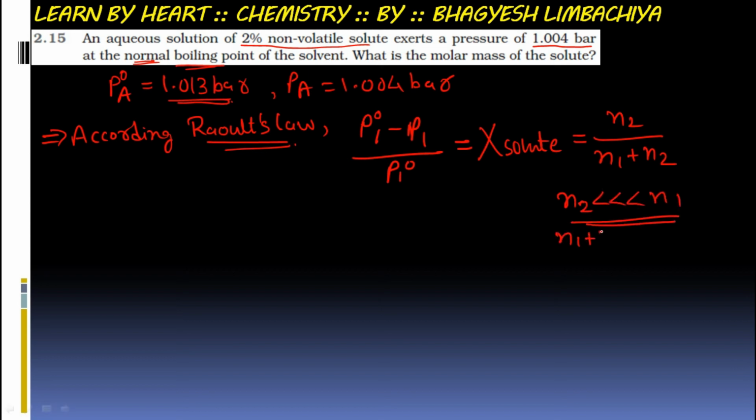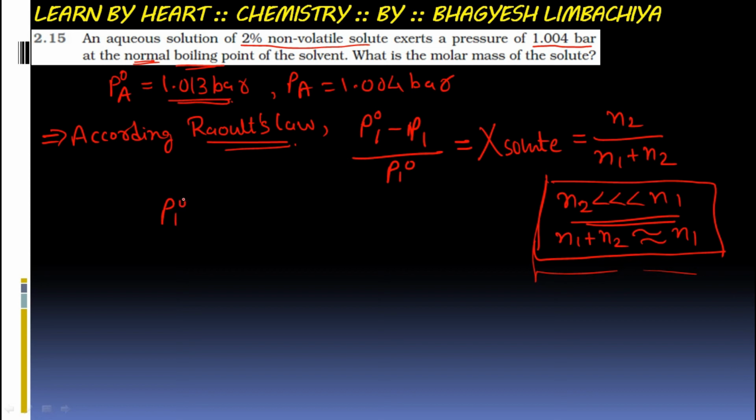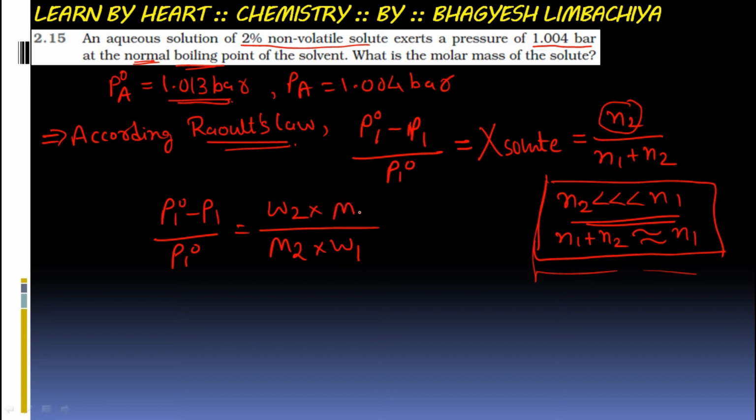So at that time the sum of N1 and N2 is near about N1. Okay, so finally we are getting the formula (P1⁰ − P1) upon P1⁰ equals N2 upon N1. Now we are elaborating the number of moles of solute, that is mass of solute upon molecular mass of solute, and the number of moles of solvent, that is mass of solvent upon molecular mass of solvent. So now we will apply this formula.